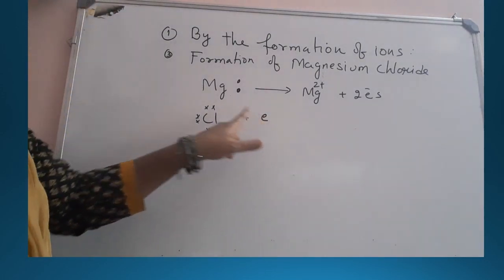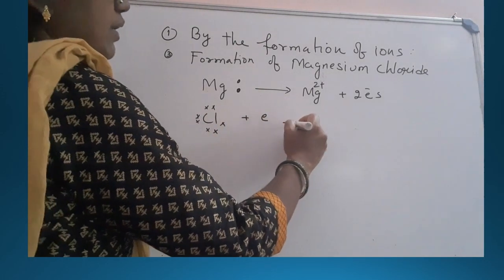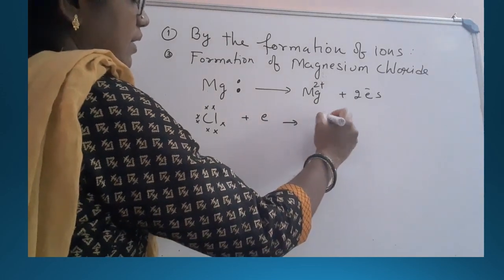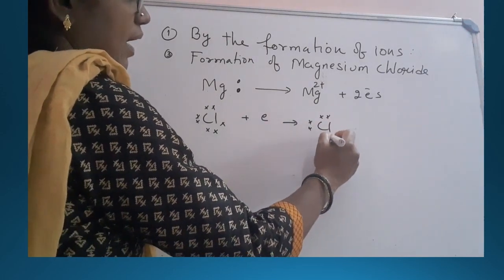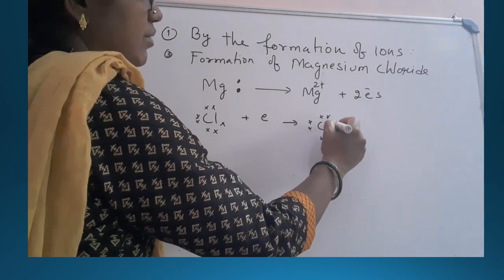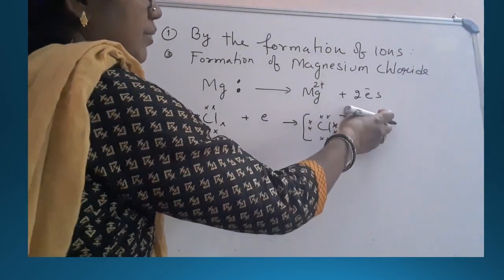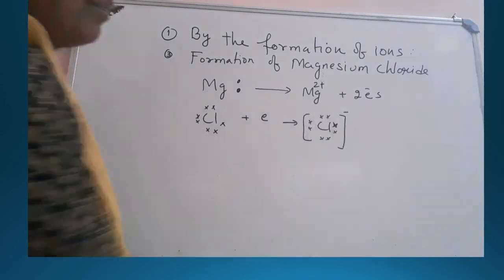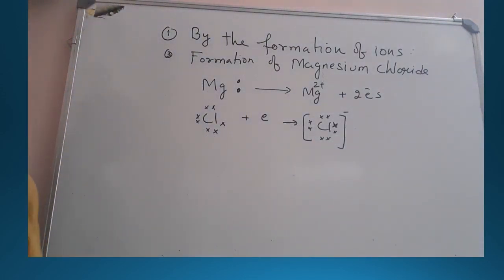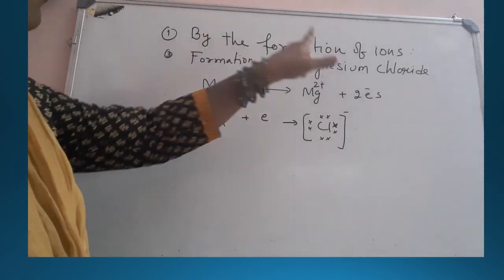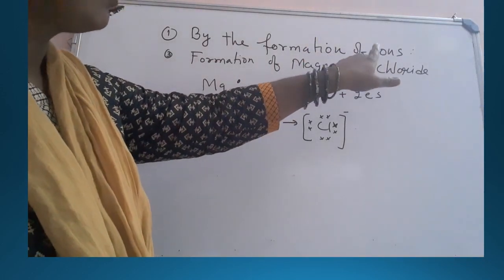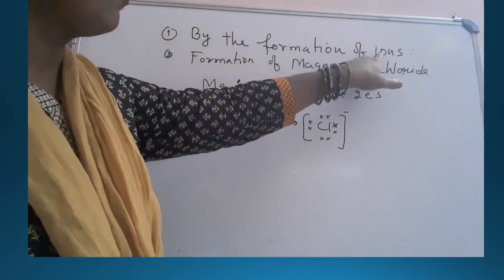And with the gain of 1 electron, the chlorine atom will form Cl minus, and that we can call a chloride ion.